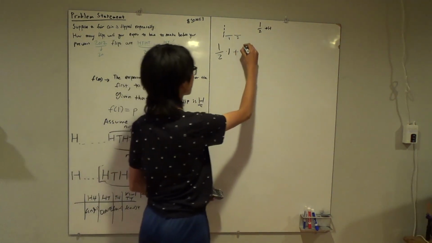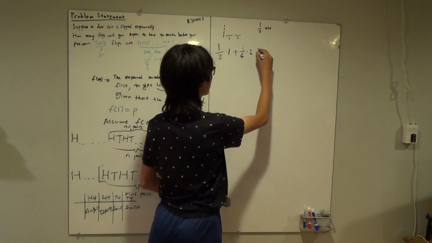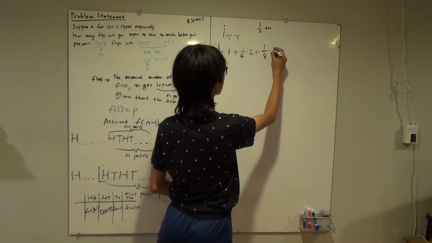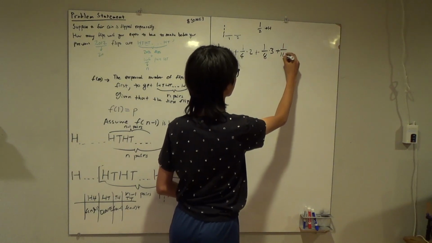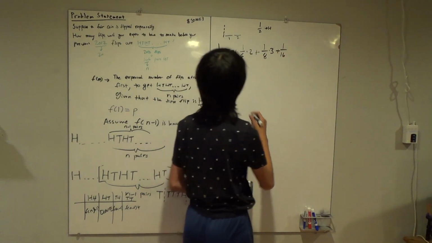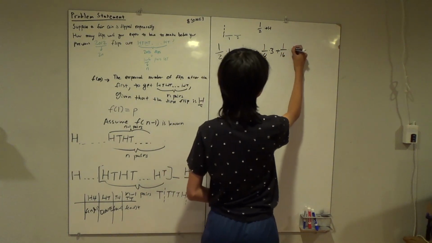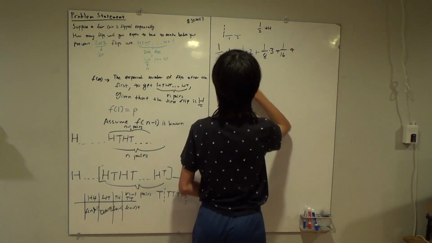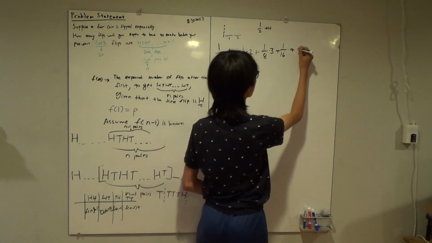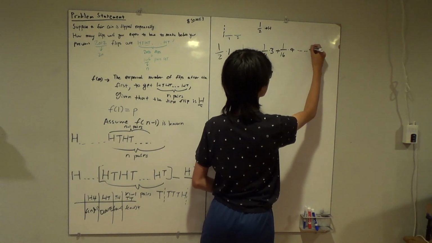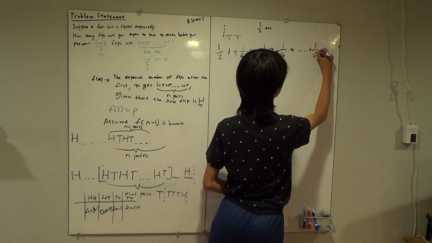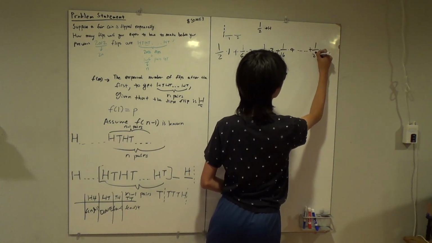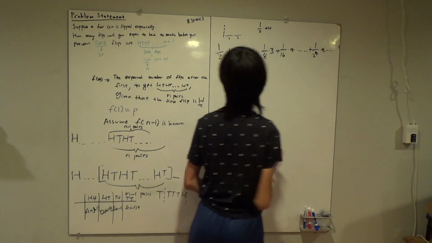So that means that this would be 1 in 4 times 2. And the same logic applies to every single flip afterward. So we'll get 1 in 8 times 3, 1 in 16 times 4, and this infinite sequence, that's just 1 in 2 to the n times n, and it goes on forever.